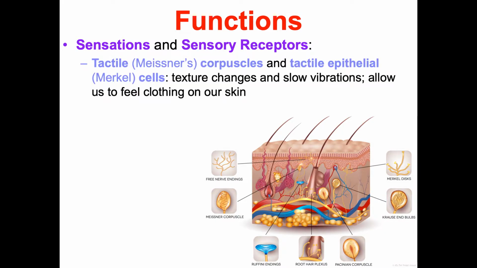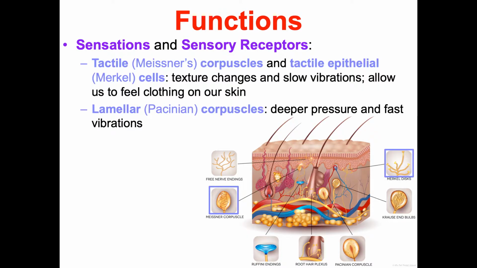So I'm just going to touch on a couple here, not all of them. Tactile corpuscles, also known as Meissner's corpuscles, and tactile epithelial cells or Merkel cells, can sense texture changes as well as slow vibrations. So when there's clothing on your skin, you can feel when there's fabric on your skin, and that's because of these receptors, which are pictured here.